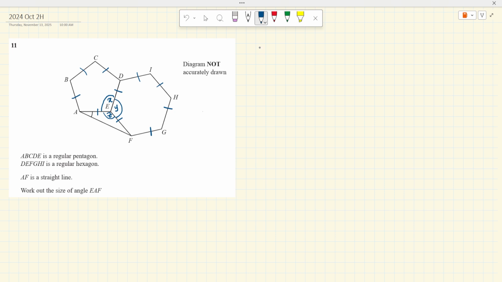Okay, what is the sum of interior angles? Sum of interior angles equals n minus 2 times 180. n is the number of sides. So if you take a pentagon, it is 5 minus 2 times 180.